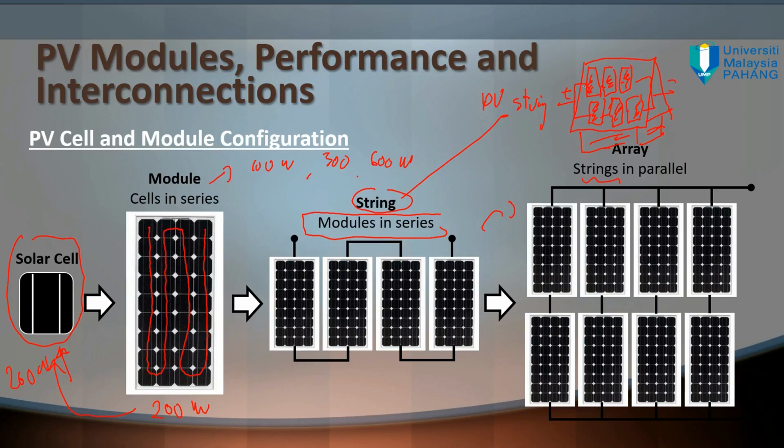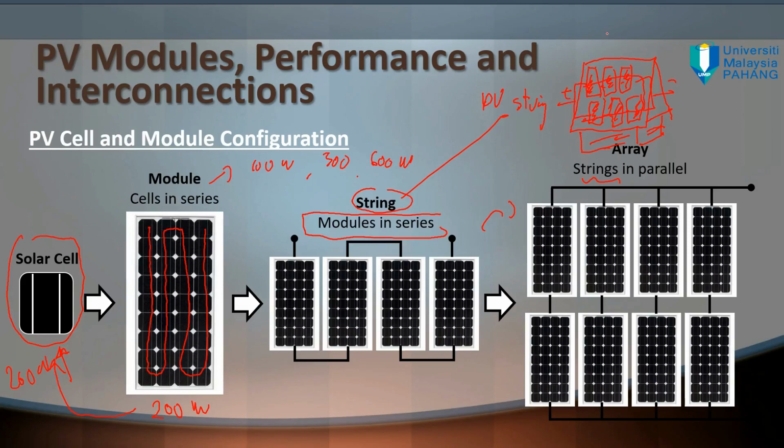Or everything is connected in series, one string only. There's a possibility. But at first impression, if you see from down here, you can see there's a PV array on top of that roof.